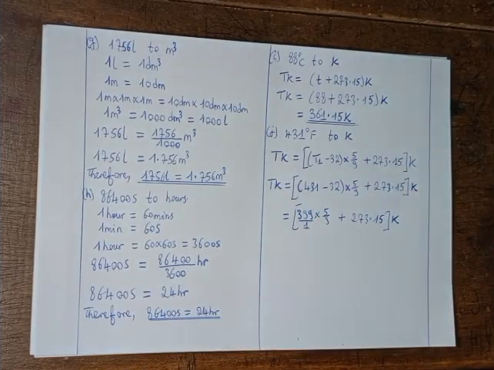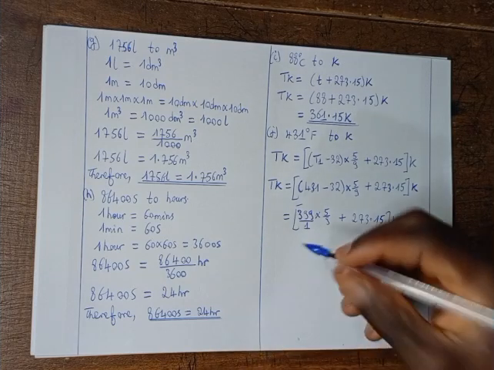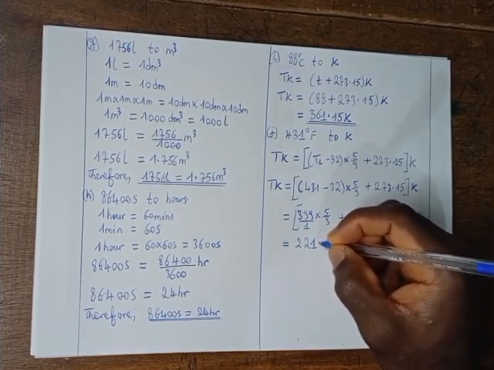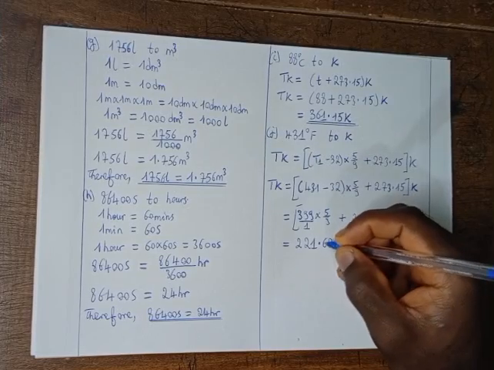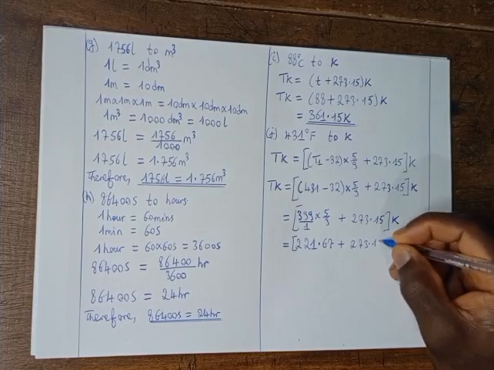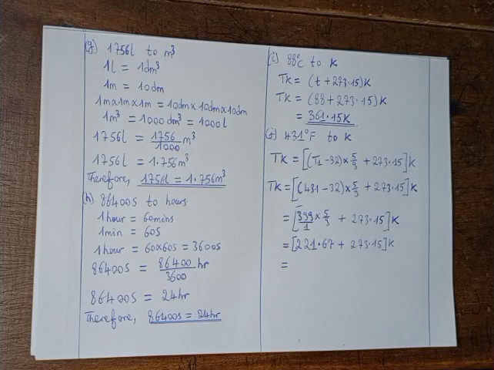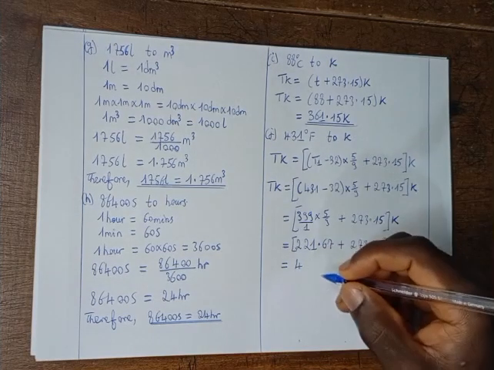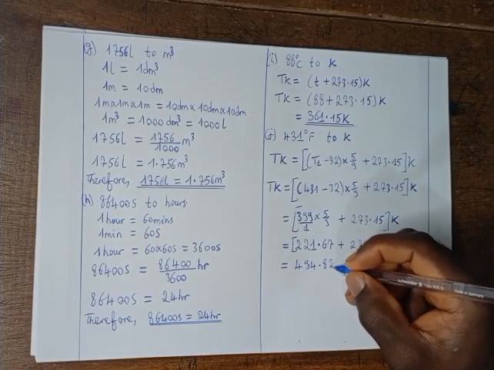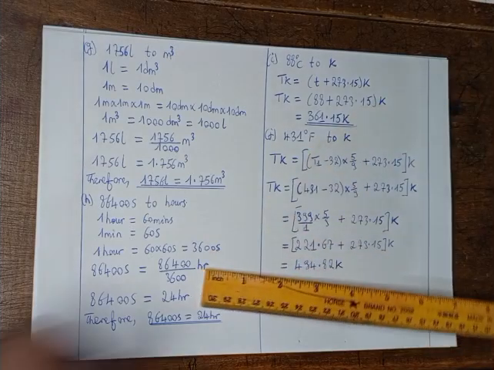So now if you take 399, we multiply it by 5, then we divide by 9, then this will simply be equal to 221.67 to 2 decimal places plus 273.15. The unit will simply be Kelvin. So if we add, this will give us 494.82 Kelvin. We underline the final answer.